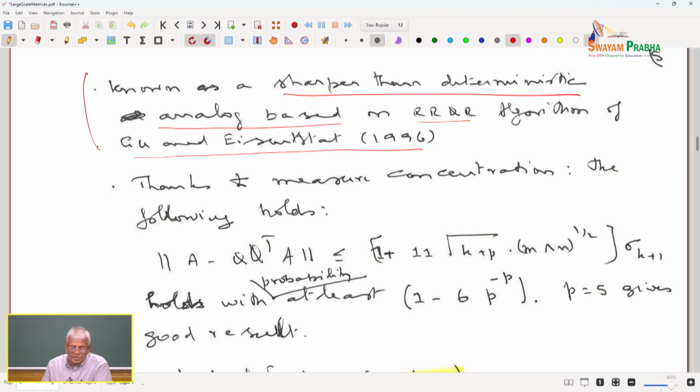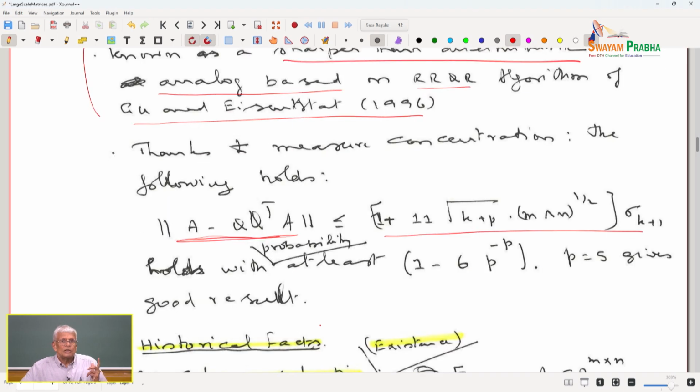Thanks to the measure concentration, if the expected value is bounded, this is the random event, the norm of the random variable itself I can bound, and please understand, one simple way to think of it is the Markov inequality. If the expected value is finite and the norm of the error is a positive quantity, I can simply apply the Markov inequality to get a tail bound.